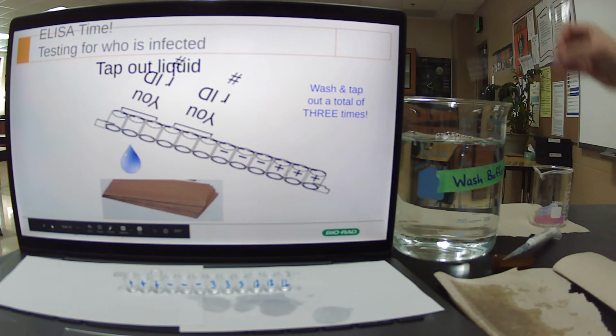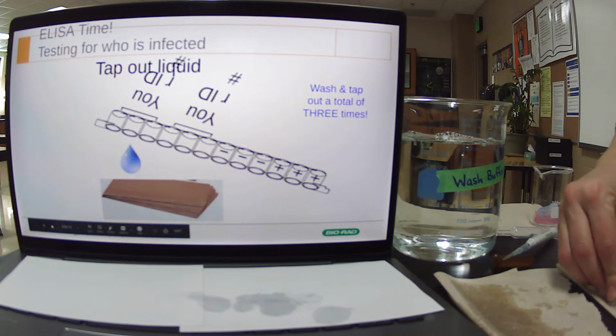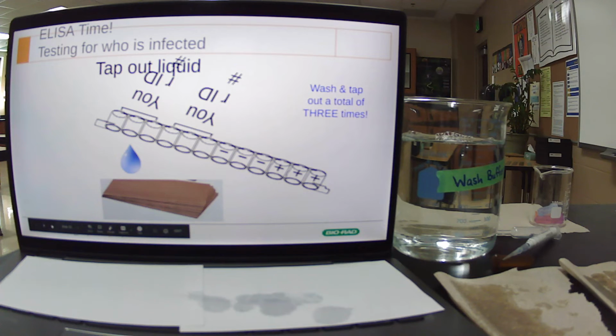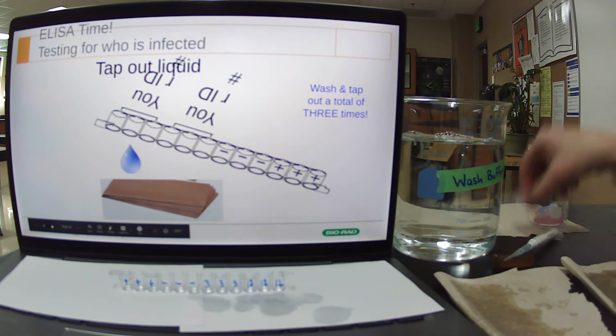All right, that's the first one. I'm going to dump and tap it out. Then wash it once more. This is the second time.